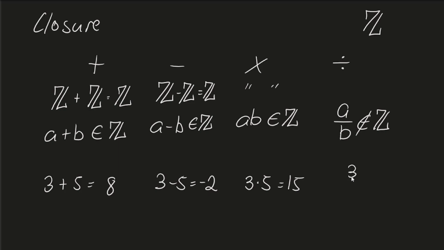And we have 3 divided by 5, which is just 3/5, and this is not an integer. So for closure, it is true for addition, subtraction, and multiplication, but not for division.